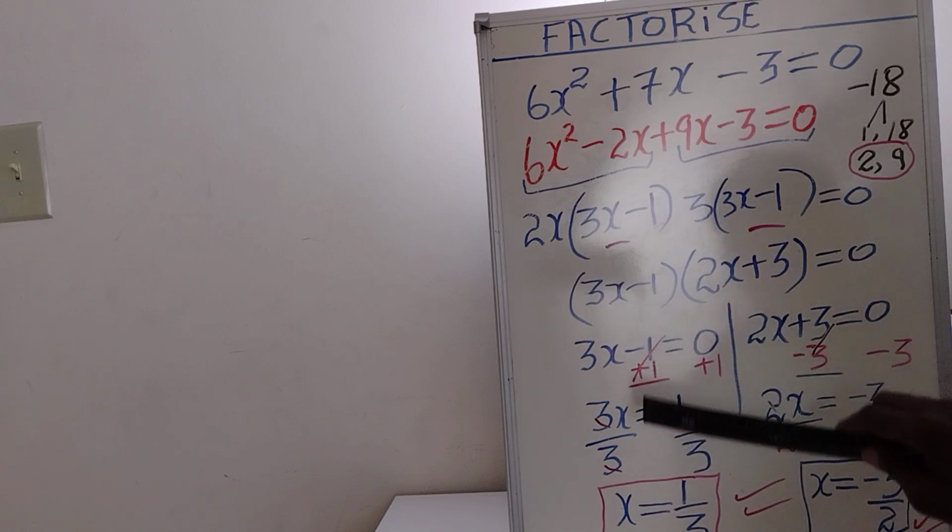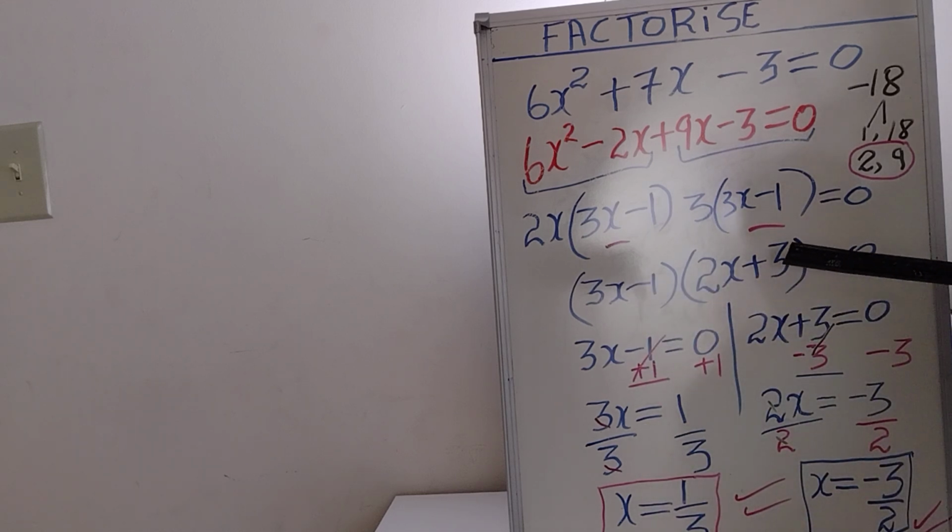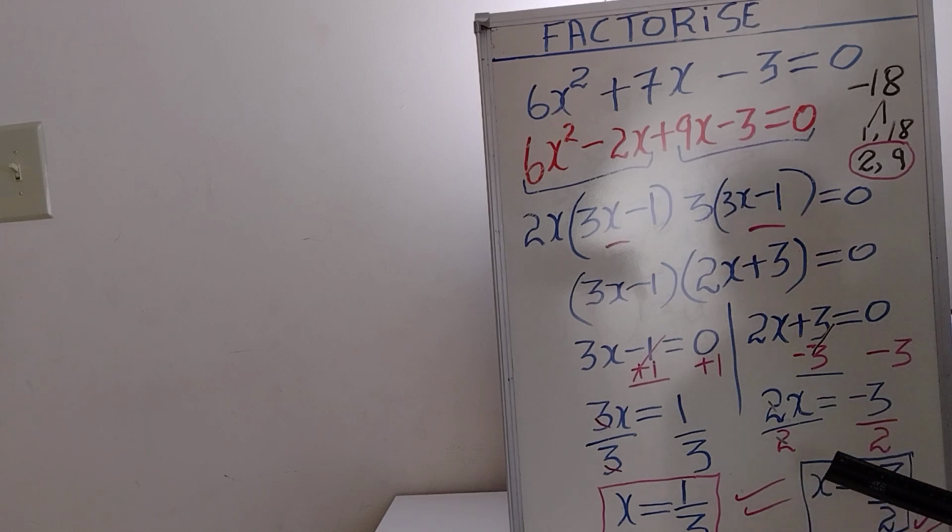Now we are going to do the same thing to the right side. Put the whole term equal to 0, and then push the 3 to the right side, and it's going to be negative.